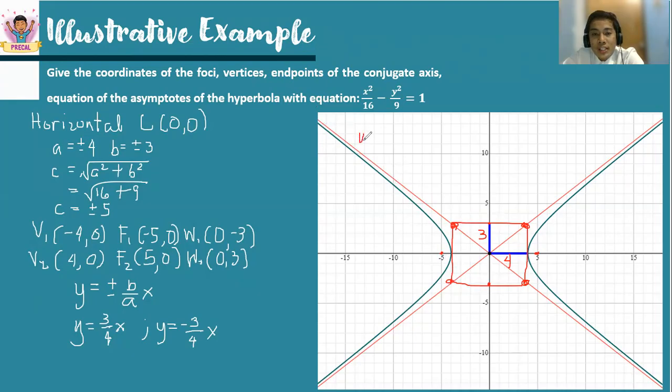So again, this red line is the asymptote with the negative slope, that is y is equal to negative 3/4 x, and this one will be y is equal to 3/4 x. Okay, so that is how we illustrate the parts of a horizontal hyperbola centered at 0, 0.